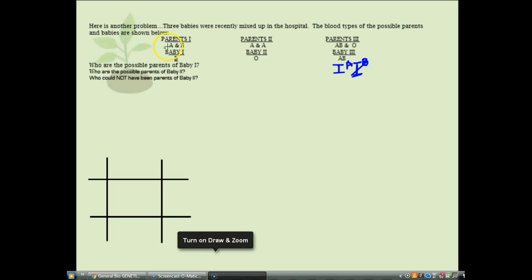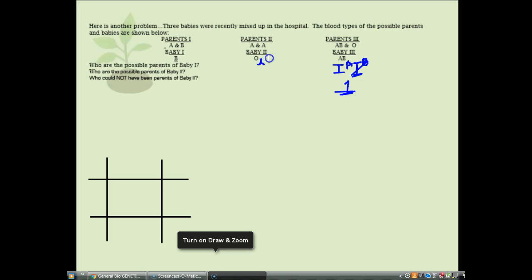But look at parents 1. One carries the A allele, one carries the B allele. So parents 1 could be the parents to baby 3.